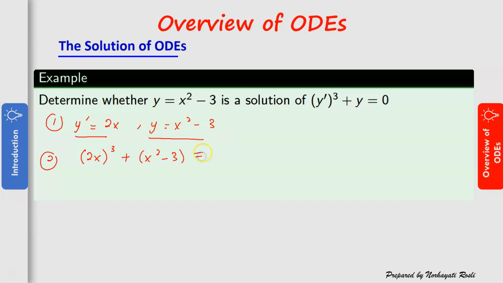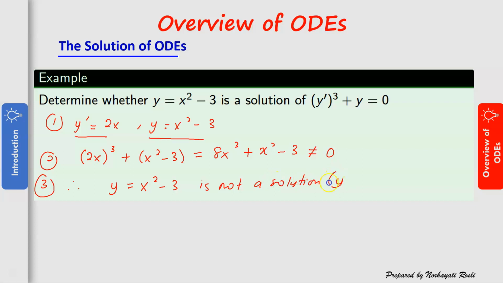When we solve this, we get 8x to the power of 3 plus x squared minus 3, which is not equal to 0, so we can conclude that y equal to x squared minus 3 is not a solution for y prime to the power of 3 plus y equal to 0.